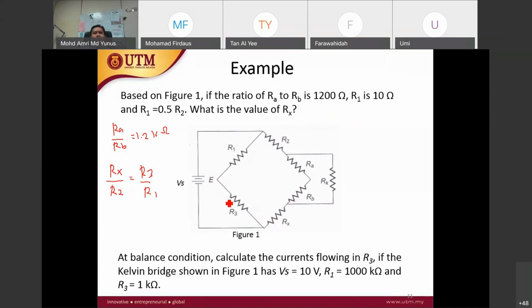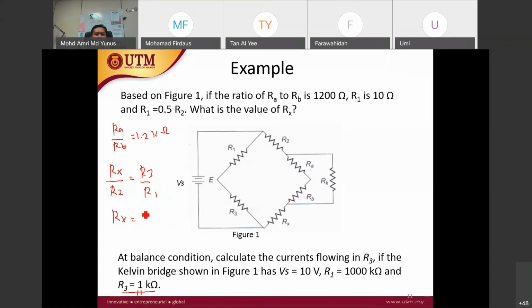So R3 is not given. And another relationship, the ratio RA to RB. Oh, okay. R3 is 1K. So direct lah, I think you can find the Rx value.